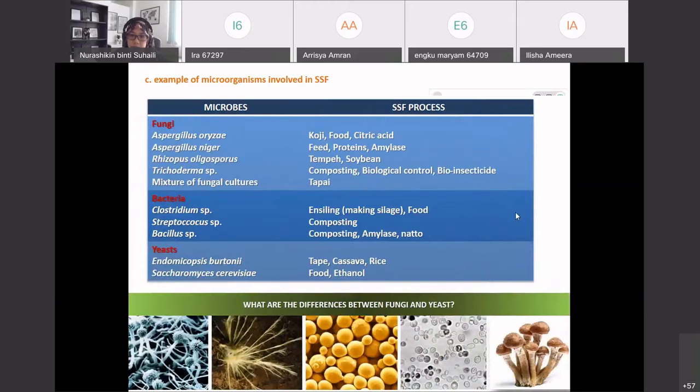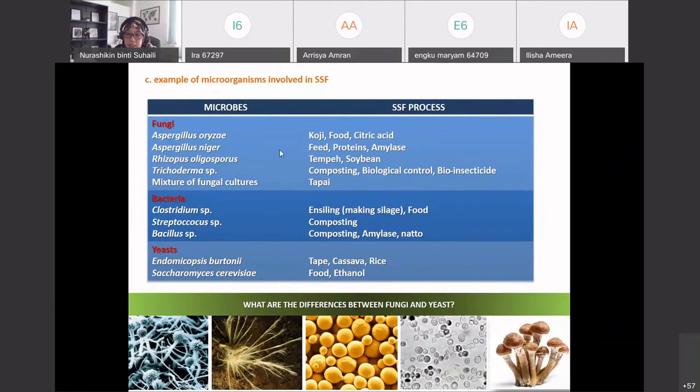Okay, so here are some examples of microorganisms in the SSF process, and also the products. As I mentioned just now, there are bacteria that can be fermented, but very limited. There are also some yeasts, but not as many as fungi. And the list is long, but these are just some examples, okay?